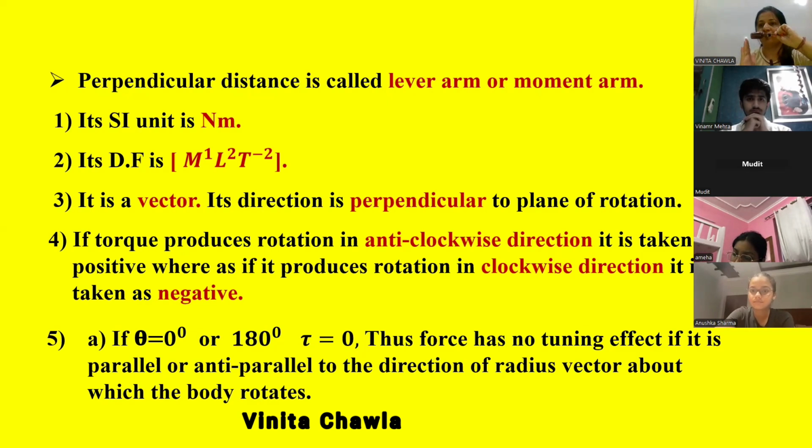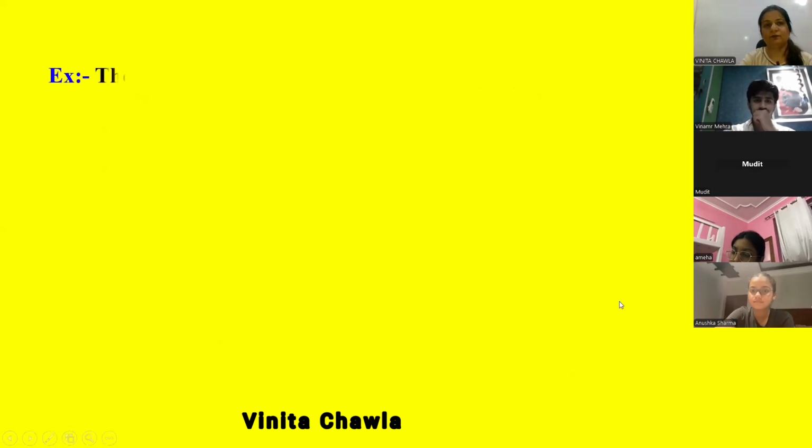We need to apply the force at some angle. Only then it can be rotated. Are you getting what I'm saying? So if theta is 0 degree or 180 degree, then torque is 0. There is no rotation.